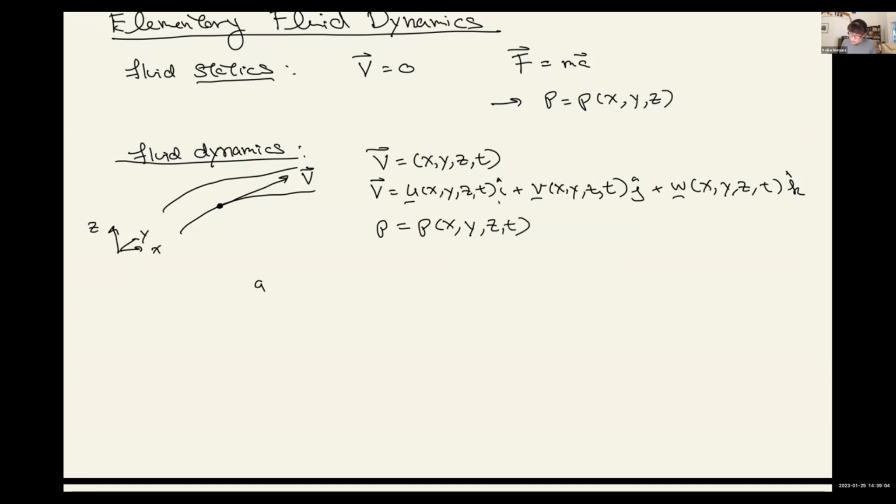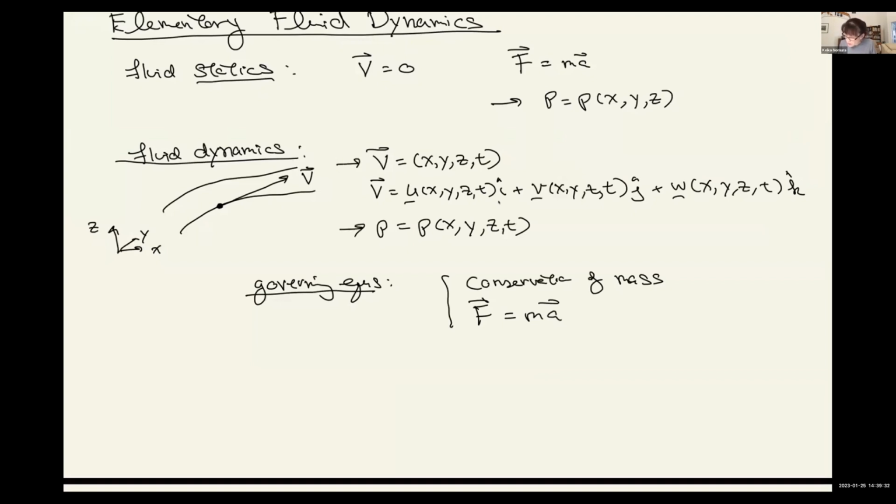And in general then the governing equations, in addition to our F equals ma, so the same basic governing equation, conservation of momentum. As I mentioned, we also need conservation of mass. And so in principle then, we have two equations and two unknowns for the case where we assume density is constant, which we had done for the case of fluid statics, for one of the cases.